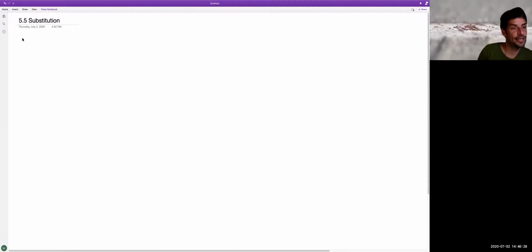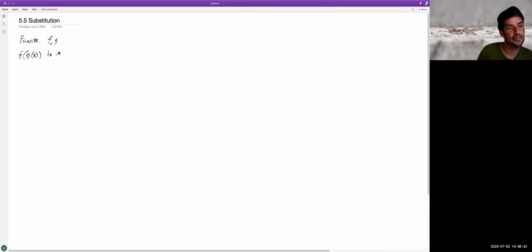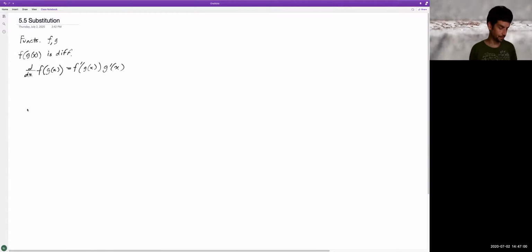So let's start there. Let's say we have functions f and g, and let's say that f composed with g of x is differentiable, right? Then, according to the chain rule, the derivative of the composition function looks like this, right?